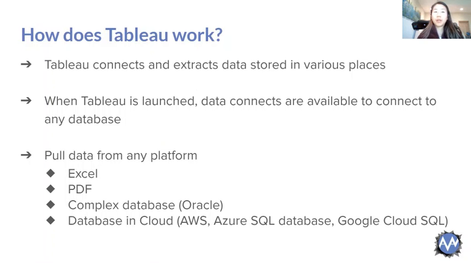So how does Tableau work? What Tableau does is connect and extract data stored in various places. When Tableau is launched, data connectors are available to connect to any database. So you can pull data from various platforms such as Excel, PDF, Oracle, databases in the cloud, AWS, Azure, and Google Cloud.